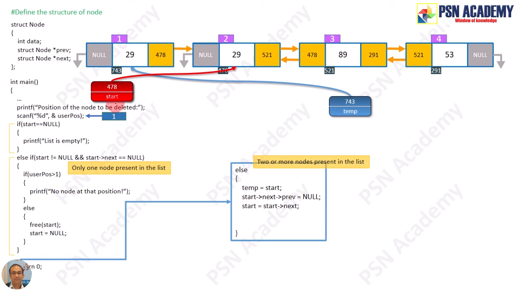So you can see that start is now pointing to the node at 478, which is the first node now, and temp is still pointing to the node at 743, which we want to delete. So we take the help of the free function here that will help to deallocate the memory at 743.